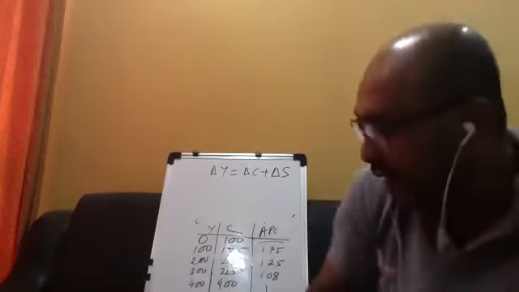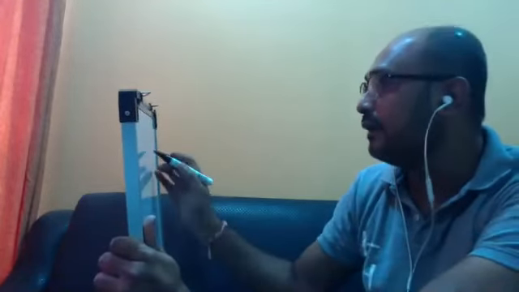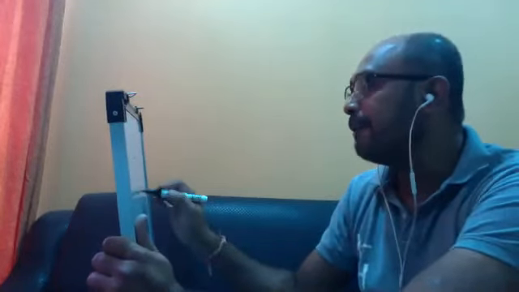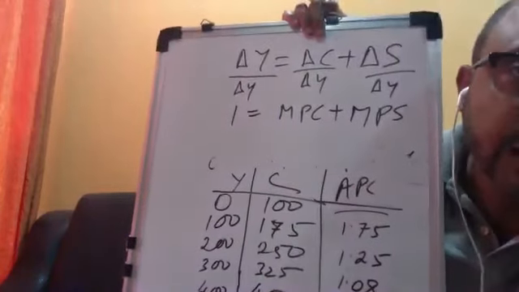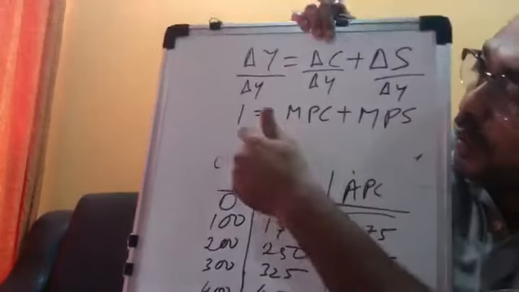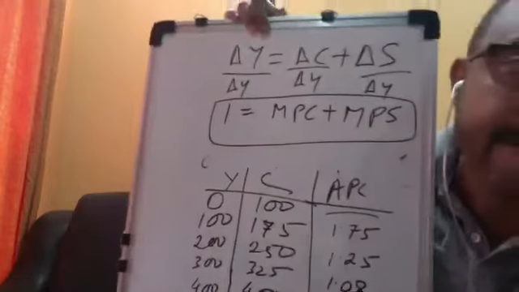Now let us do some mathematical jugglery. We all know that delta Y is equal to delta C plus delta S. If we divide both sides by delta Y, we get 1 equals MPC plus MPS. MPS is a new concept; MPC was the marginal propensity to consume, and this is the marginal propensity to save. So we got the expression MPC plus MPS equals 1.